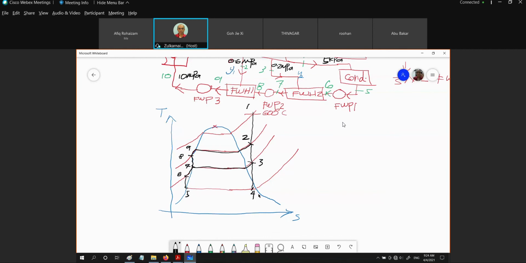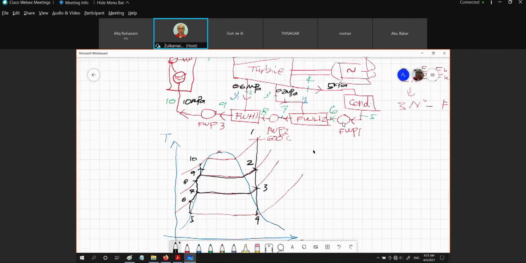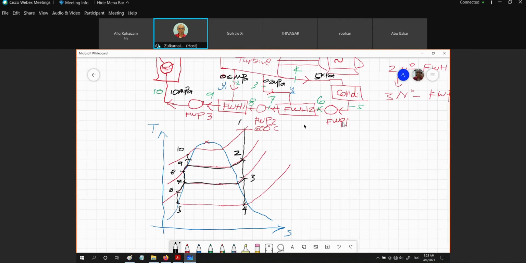And then we have the next pumping process, feed water pump number 3, 9 to 10. And after that, from 10 to 1 is the heating process in our boiler and superheater.